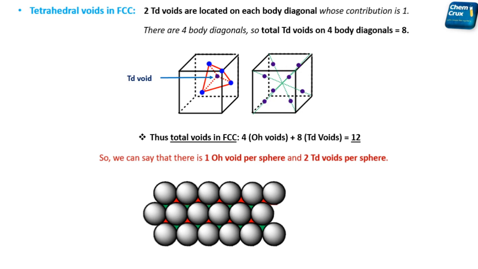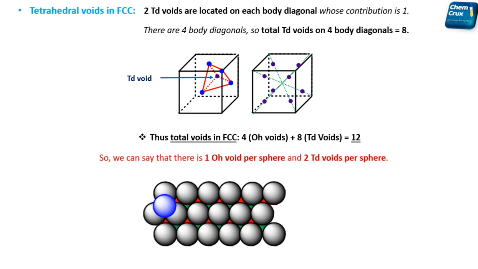Now, if you look carefully, these are actually the triangular voids formed by 3 spheres. And now if we add a sphere from the top, then a tetrahedral void would be formed, because we know when a triangular void is covered by a sphere from the top or below, a tetrahedral void is formed. So now I will be adding a sphere from the top to form the second layer, like this.